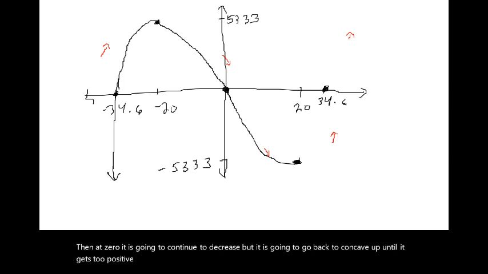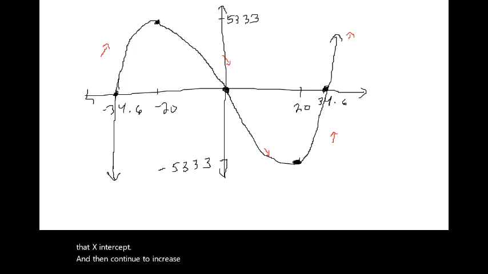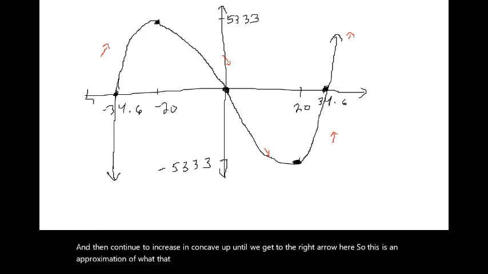Then after 20, it is going to increase and remain concave up, crossing the x-axis at that x-intercept, and then continue to increase and concave up until we get to the right arrow here. So this is an approximation of what that graph should look like, just based on information about derivatives.